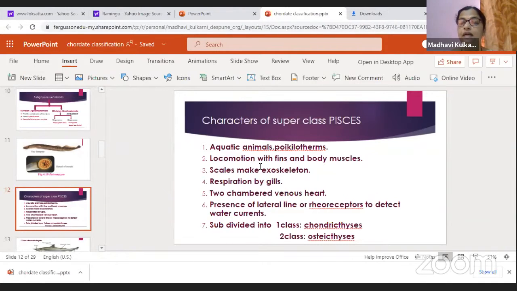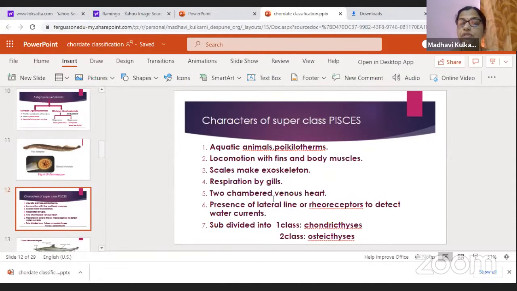The fins are either paired fins or unpaired fins: caudal fin, dorsal fin, ventral fins. They are useful for locomotion. In addition to that, body muscles are also useful for locomotion. The body is covered externally with scales. Respiration, as all of you know, is by gills. Gills can absorb oxygen dissolved in the water.